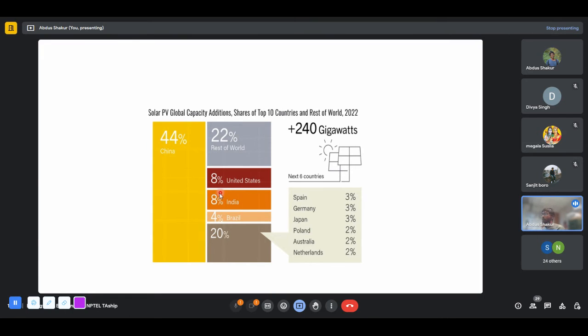So relative to other countries, the number of additions we are adding to our solar capacity is relatively high, and it is interesting to learn that we are trying to shift from non-renewable sources of energy to renewable sources.